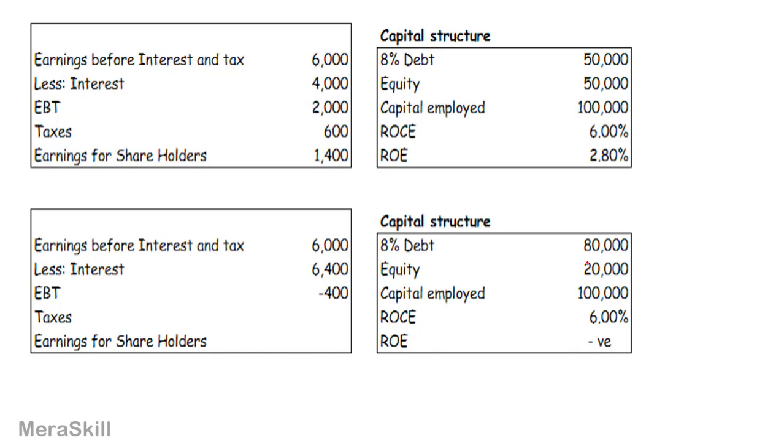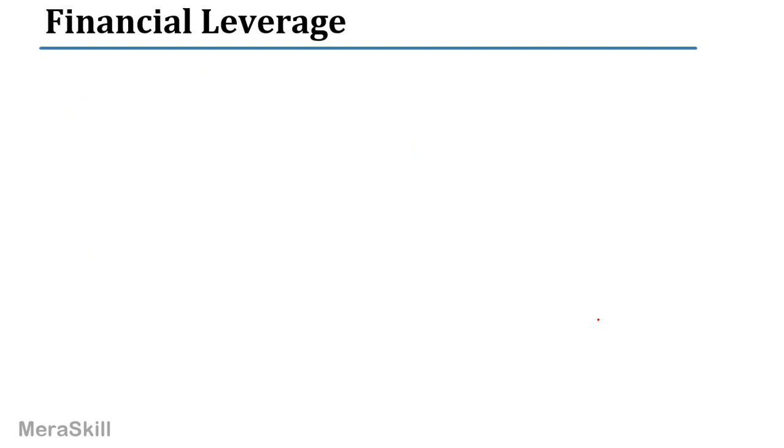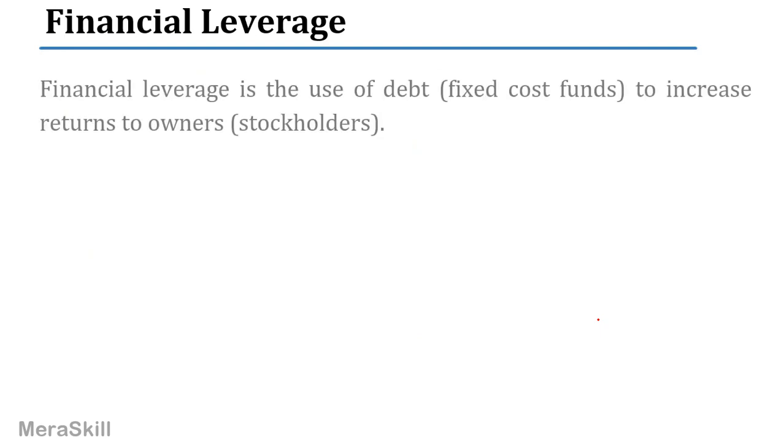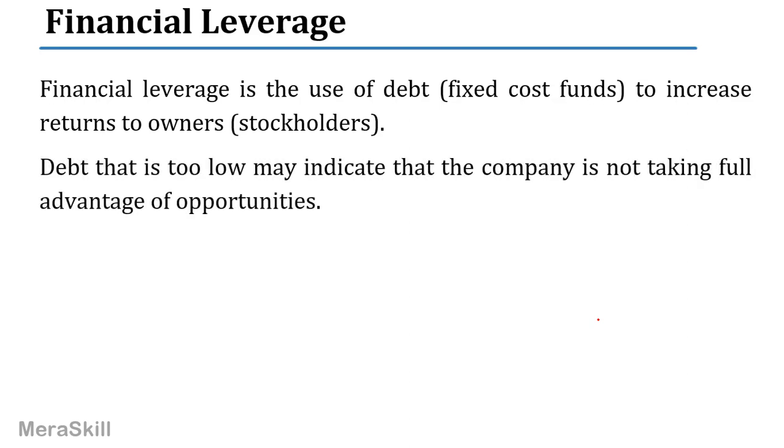And when the earnings are not that high, when the rate of return on the business is lower than the cost of debt, then the shareholders will also be very badly hit. Financial leverage is the use of debt, that is the fixed cost funds, to increase the returns to the stockholders. I told you this is what is called leveraging.